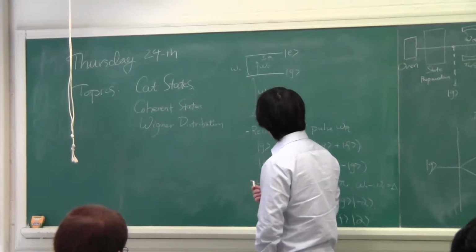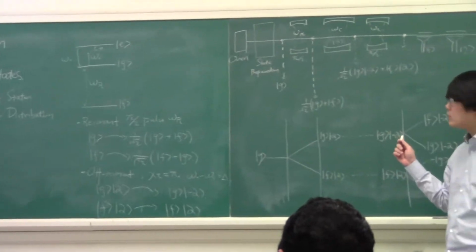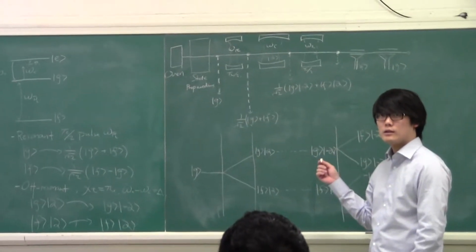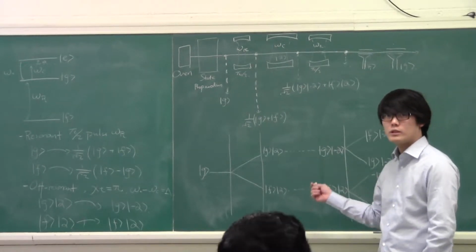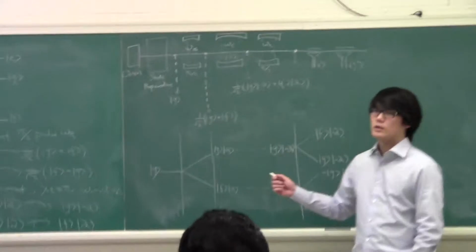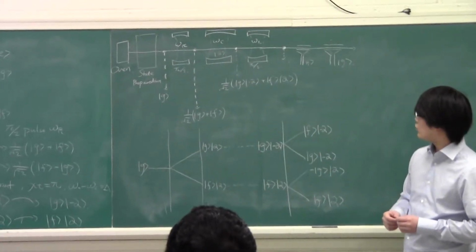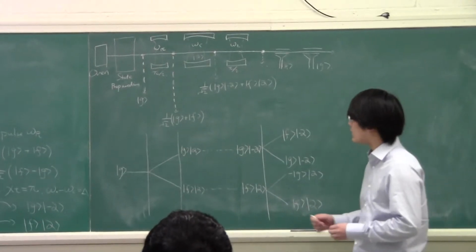generated. And today I'm going to start by reviewing some of the material we talked about in kind of a haste at the end of the last lecture, and then give you a new interpretation of this generation of the cat states based on what you by now should know very well, which is the interference of two alternative paths.